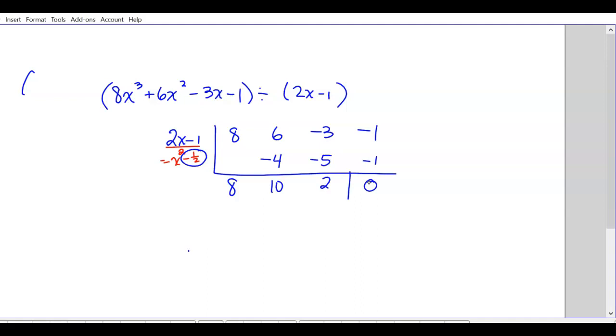So really, if I were to show it as p of x equals d of x times q of x plus the remainder, right? There's no remainder here.